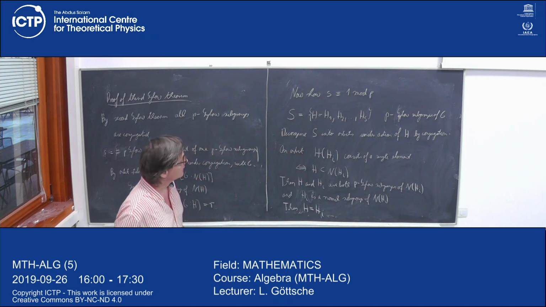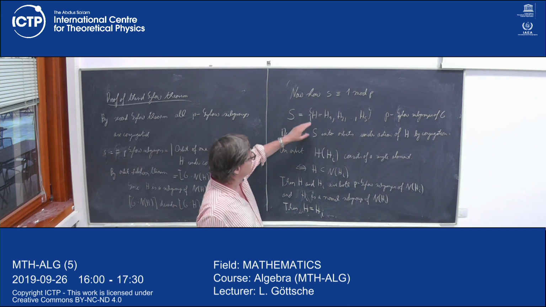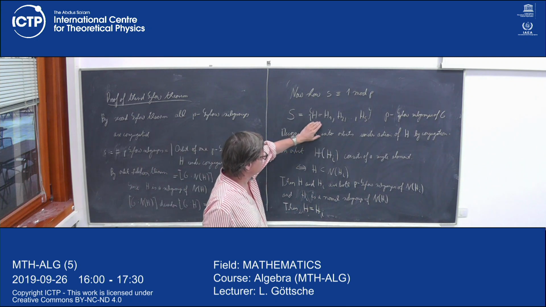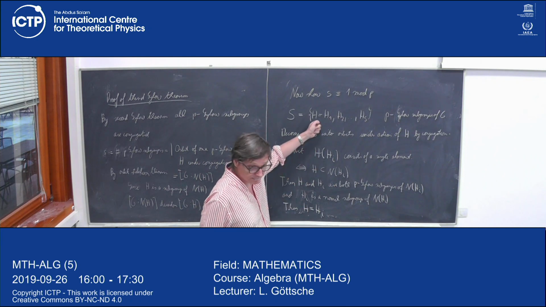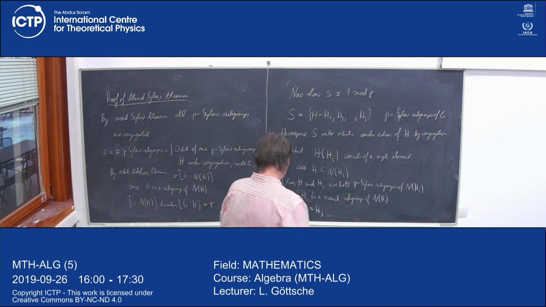So we have shown that the only kind of p-Sylow subgroup for which the orbit consists of a single element is H itself. Okay?